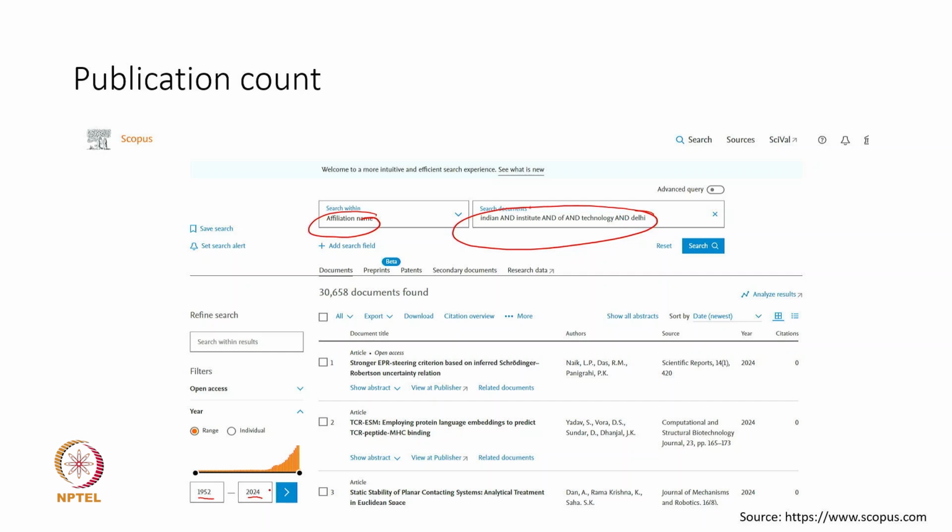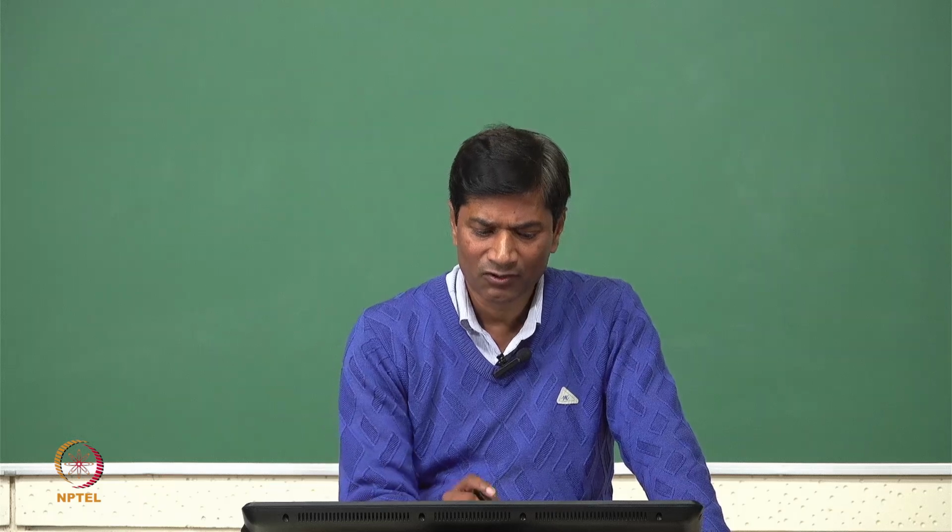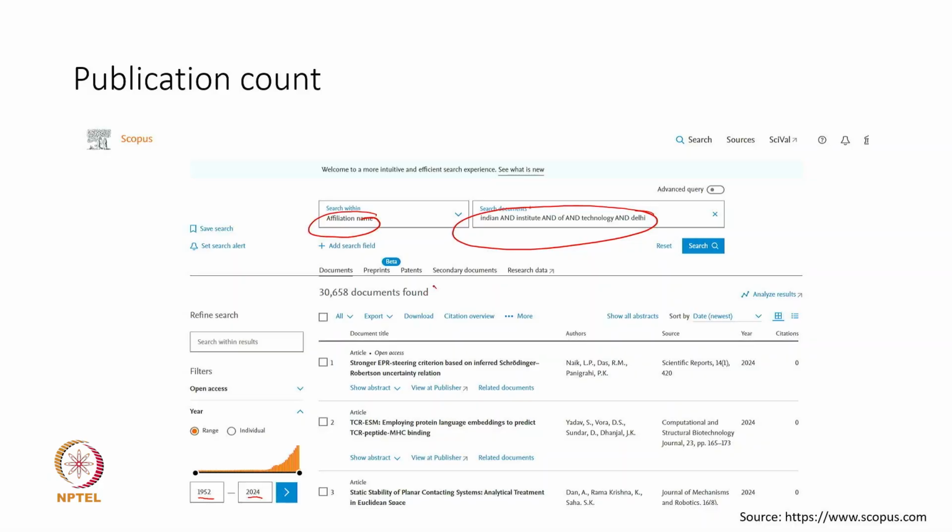That means if we want to count the total number of publications using the Scopus database between 1952 to 2024 for Indian Institute of Technology, Delhi, we found that there are 30,658 documents.